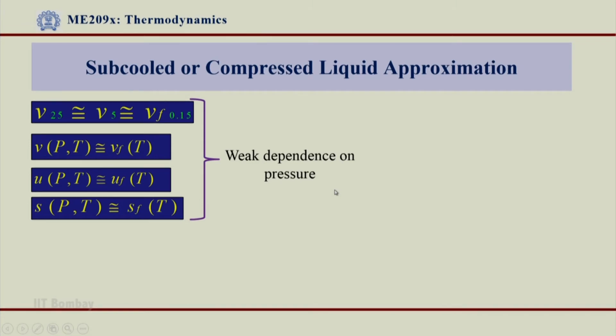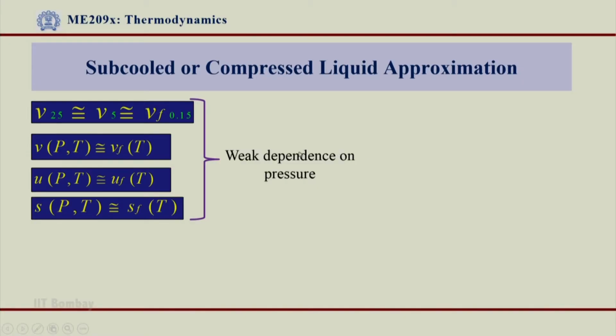Even if I compress liquid, it does not get compressed so much. The density changes and volume changes were hardly anything as compared to that for gas. Gas is compressible, but liquid we had concluded can be considered incompressible. So, the weak dependence on pressure is basically because we say that liquid is incompressible.